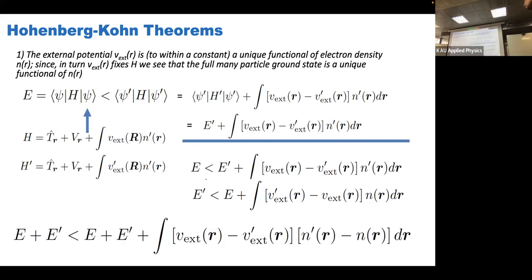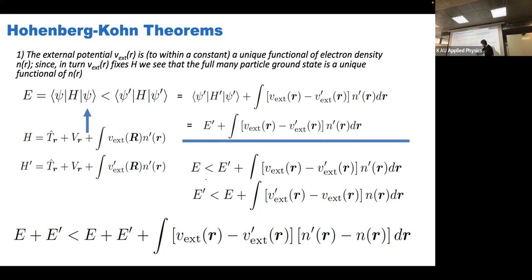That's why we have a contradiction. As you see, E plus E prime should be less than this thing plus this thing, so this integral should be more than 0. But to make the statement correct, this integral should be 0.